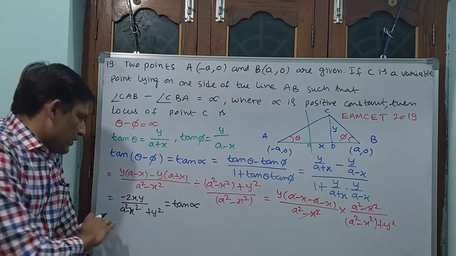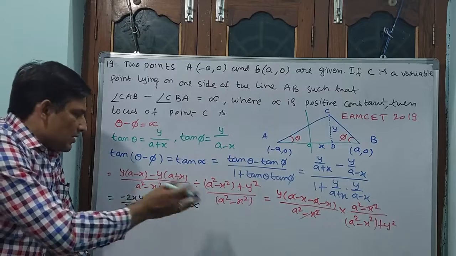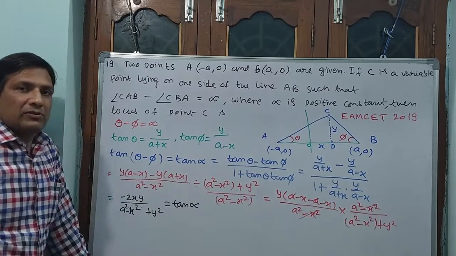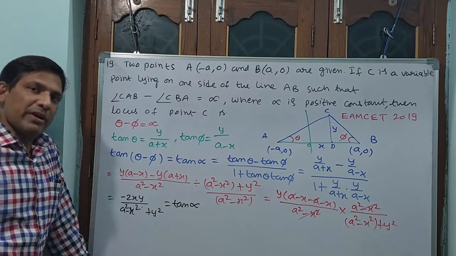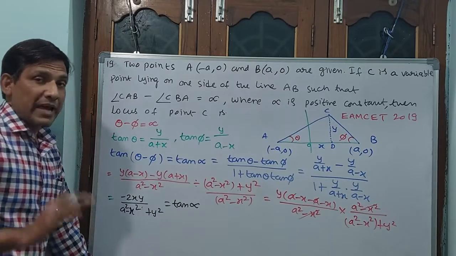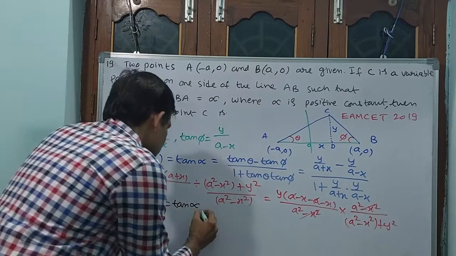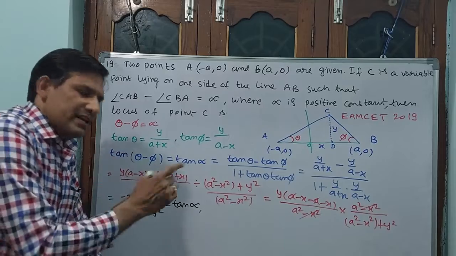I will do one thing. The entire thing I want to transfer to one side. Tan alpha is 1 by cot alpha also, I can write this. Why? Because the answer they have given is in cot alpha. That is why I want to change it, or else I make it a standard answer.